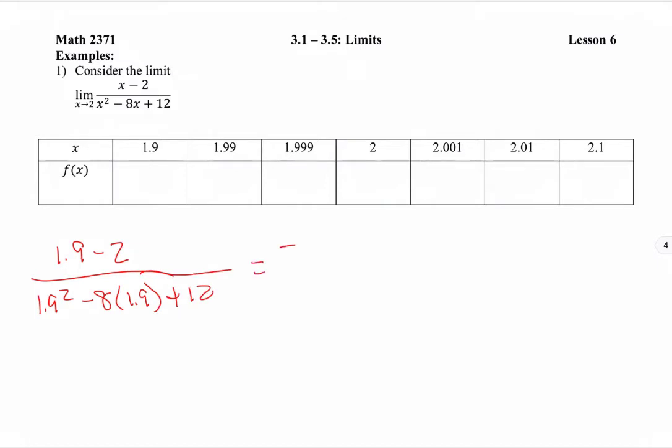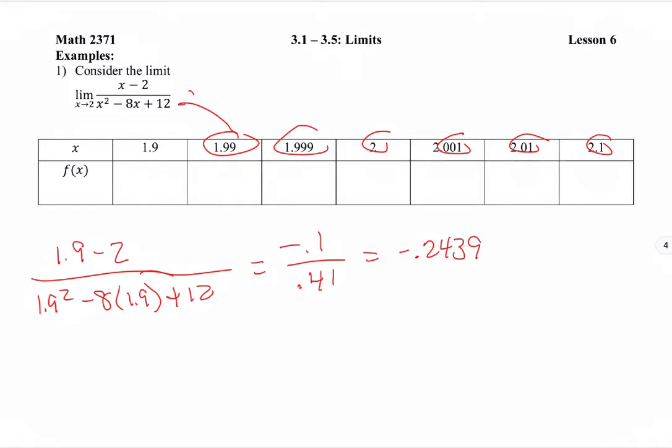And when I do that, I get negative 0.1 over 0.41, and I get negative 0.2439.